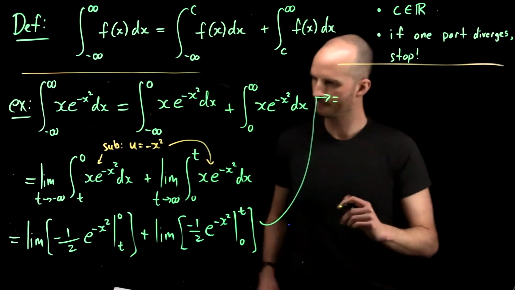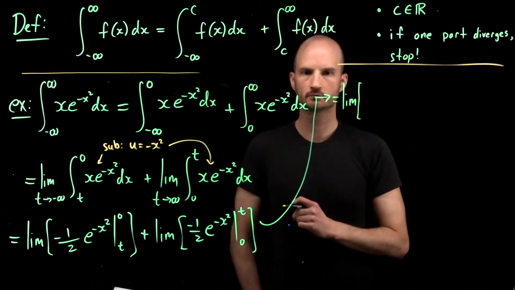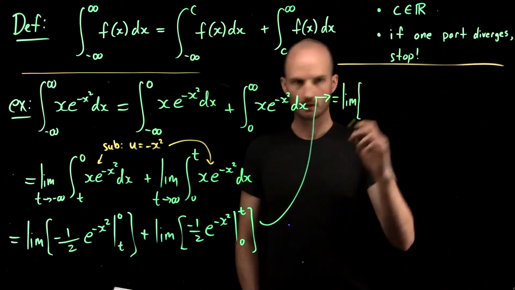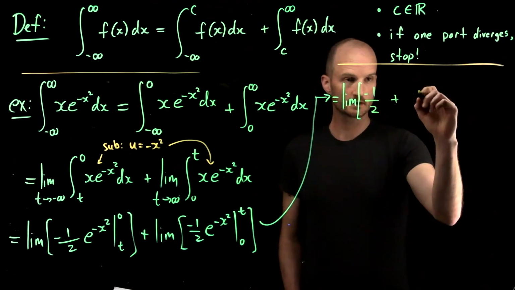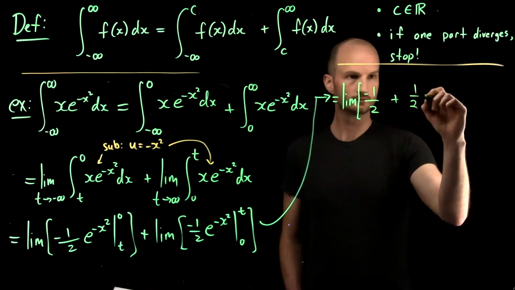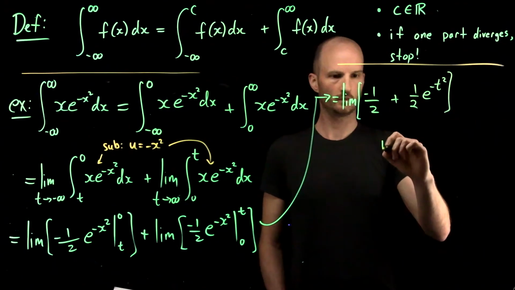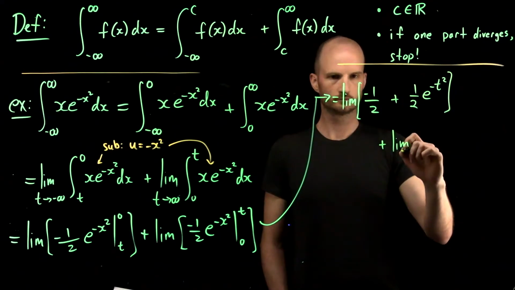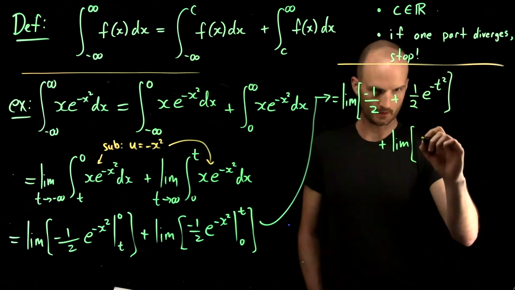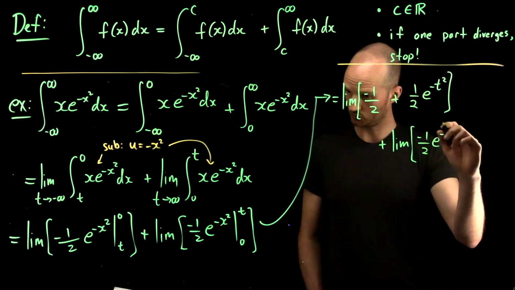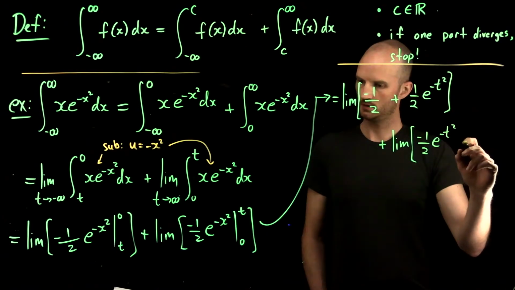What do I get? I get limits. When I plug in 0, I get just negative a half, and then plus a half. And then for the second integral, I get the minus a half e to the minus t squared plus a half.